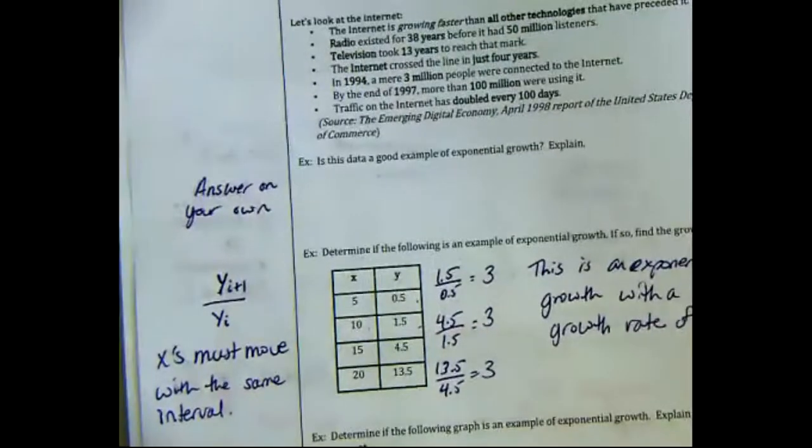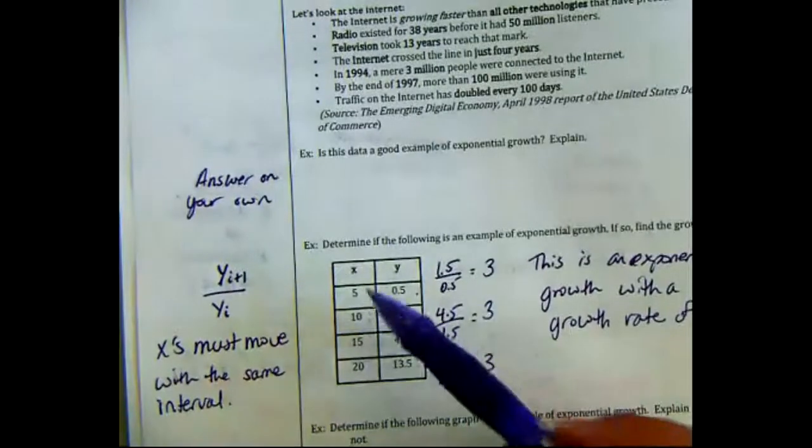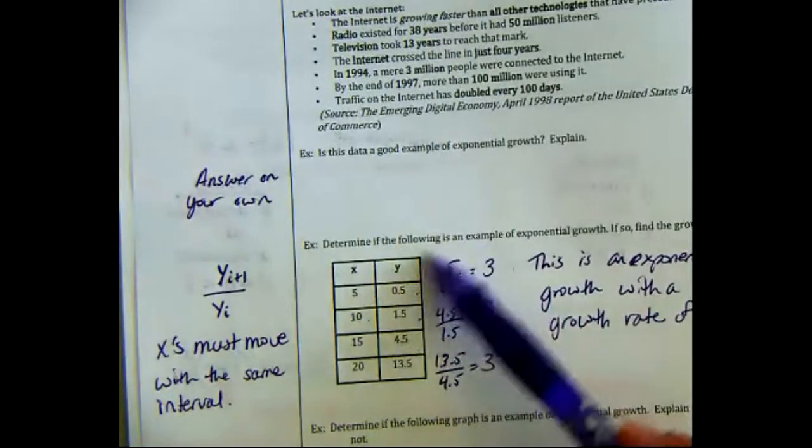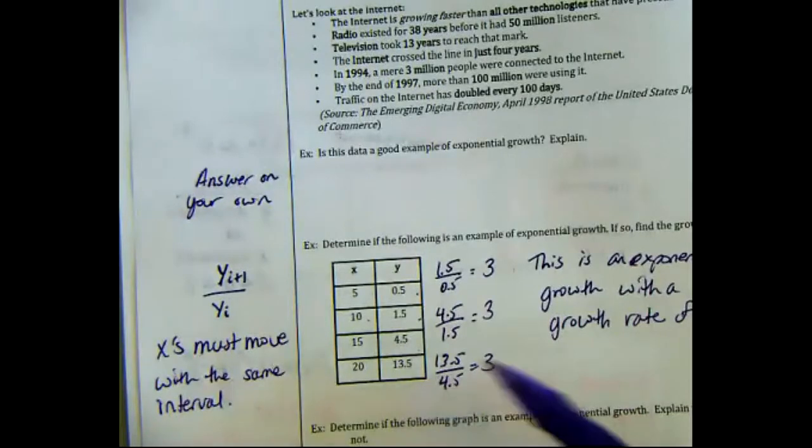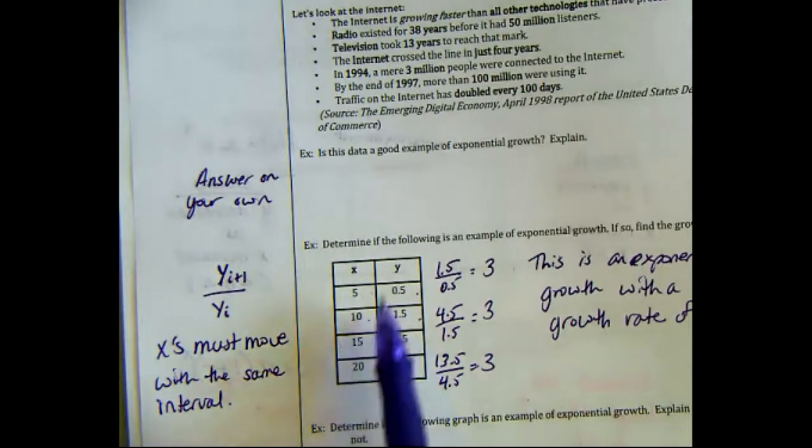The spacing between each of the x's should be the same in order for you to be able to do this. Okay, so the x's could be moving by 1s, by 2s, by 3s, whatever, as long as it's a consistent interval for what points you're using.